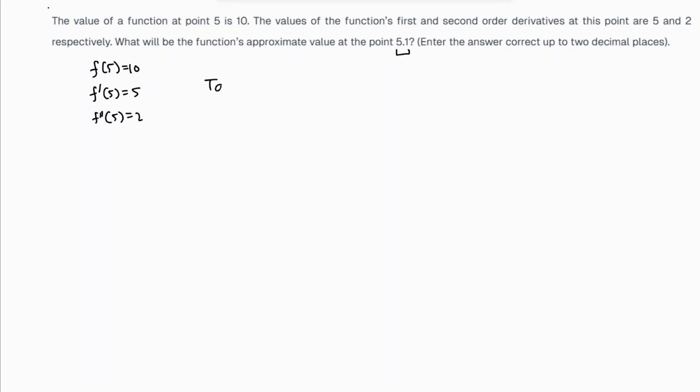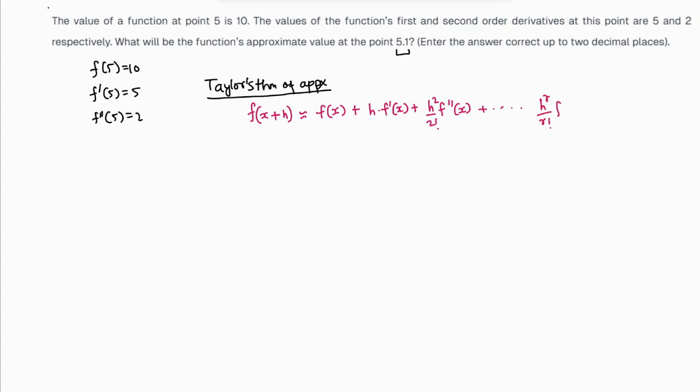So what does Taylor's theorem say? Let me write that. Taylor's theorem of approximation says that you take any function f, and if you want to know the value at a point which is a little bit away from x, where h is typically very small, then you can approximate it as f(x) plus h times f prime of x plus h square by 2 factorial times f double prime of x, and this goes on till h to the power r by r factorial times the r-th derivative at x.